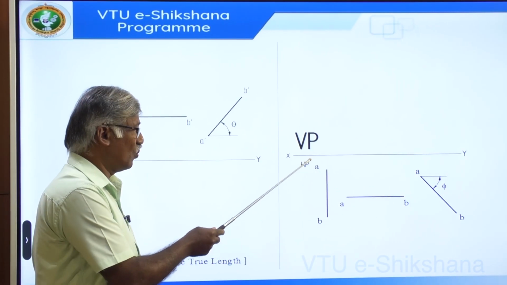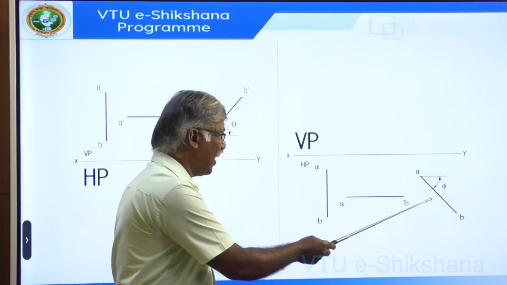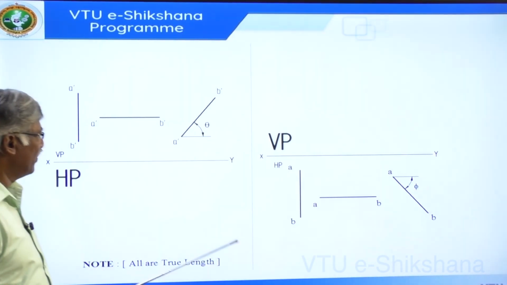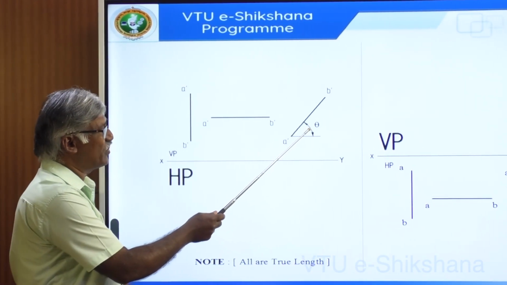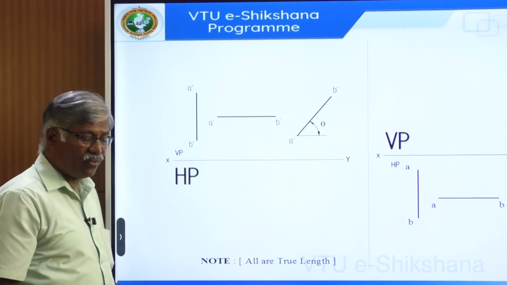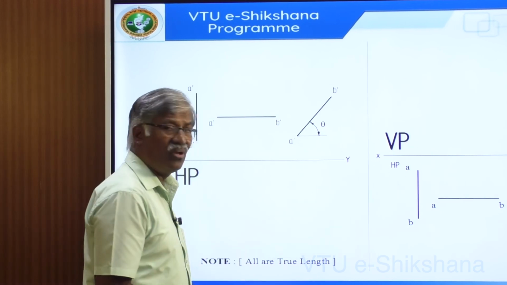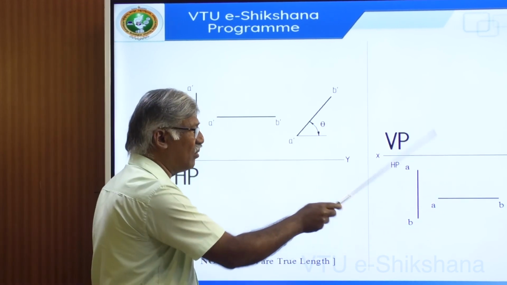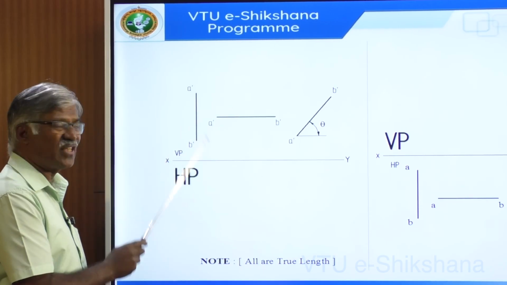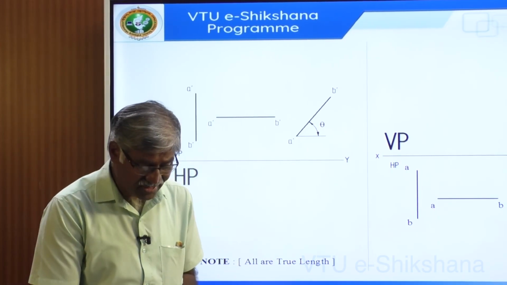This line is perpendicular to VP, parallel to VP and then inclined to VP. Inclination to VP is by phi angle, that is the convention we use, and inclination to HP we use theta. In future, whenever you draw a line below the XY line, that means it is perpendicular to, inclined to or parallel to VP, the vertical plane. If you draw above, it is always with respect to HP. This is how you can understand straight lines in a better way.